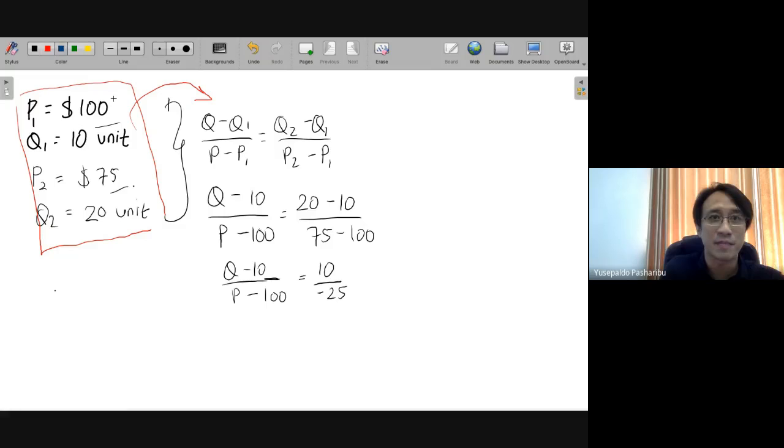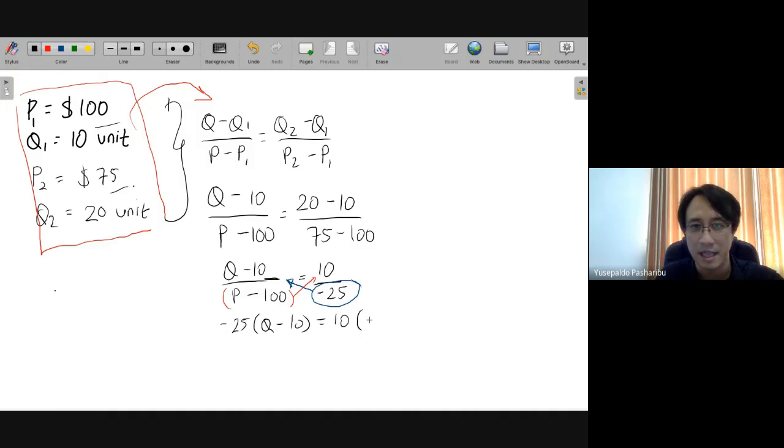Then we can multiply it. Minus 25, multiply it with this part, and this one, P minus 100 times 10. Okay. So we can type it like this. Q minus 10 equals 10 times P minus 100.